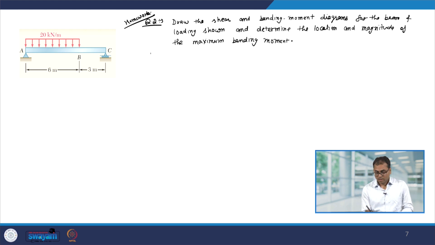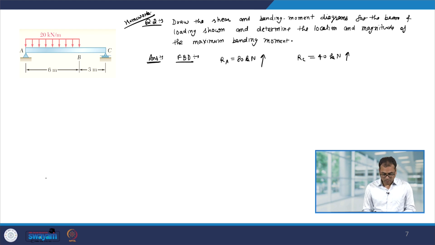Okay. So, just to give you the hint, you can consider the free body diagram of the entire beam, and this will give you the reaction at A equal to 80 kilonewton, that will act upward. Similarly, the reaction force at C will be 40 kilonewton, and that will also act upward.